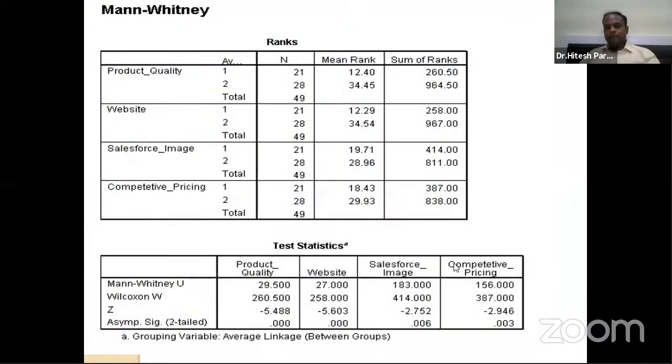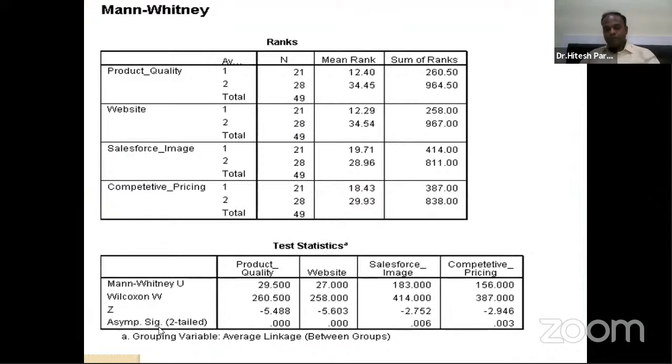So you will get this output. What it is saying, what you are checking, is whether cluster number 1 and cluster number 2 have a significant difference between these two clusters with respect to product quality, website, Salesforce image, and competitive pricing. So just observe the p-value. All p-values are less than 0.05.